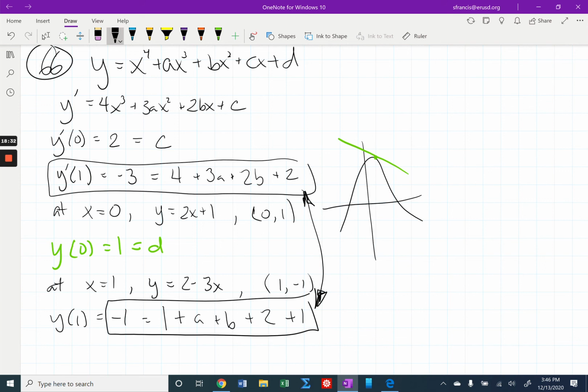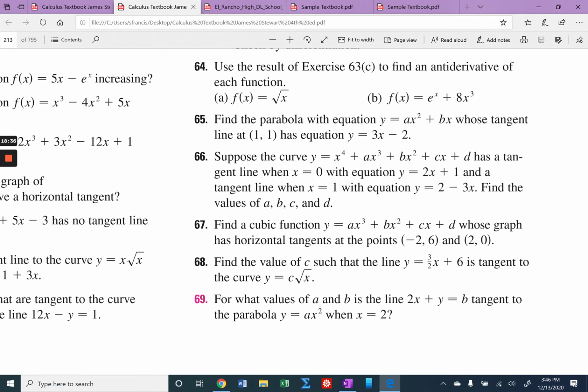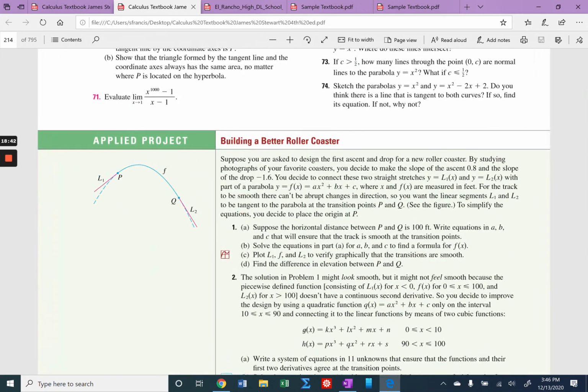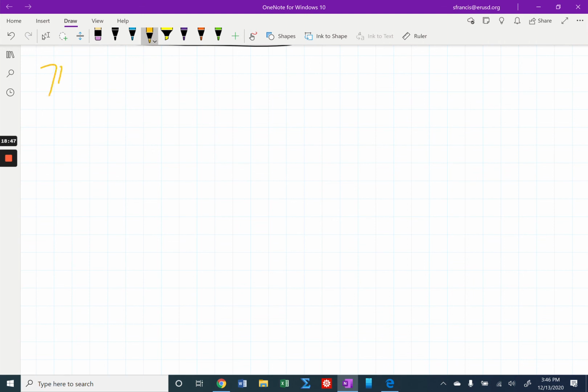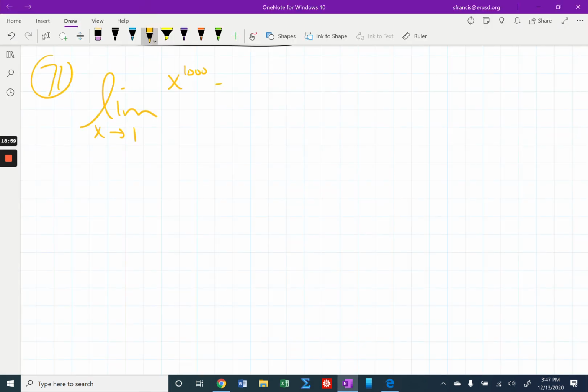One more problem, number 71, and then we'll be done with this homework assignment. Number 71 says to evaluate the limit as x approaches 1 of x to the 1,000, with 3 zeros, minus 1 over x minus 1.